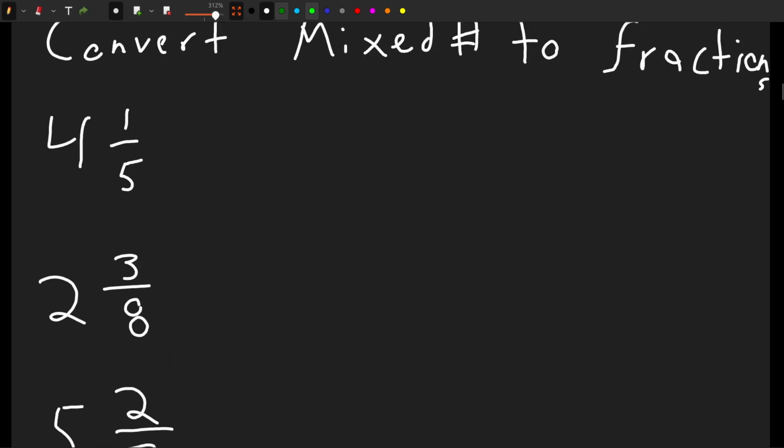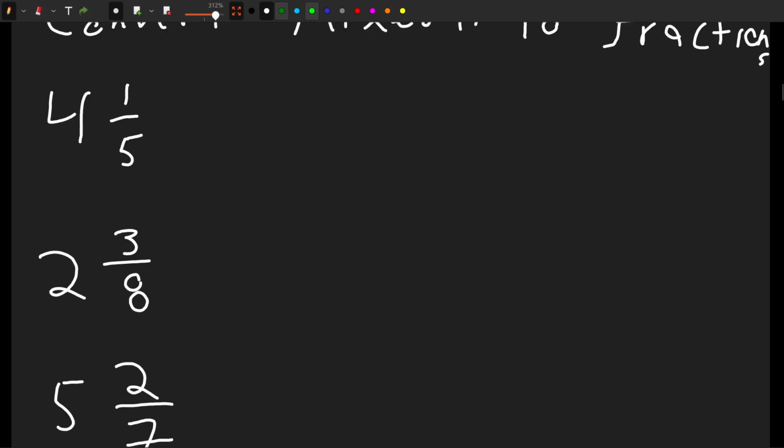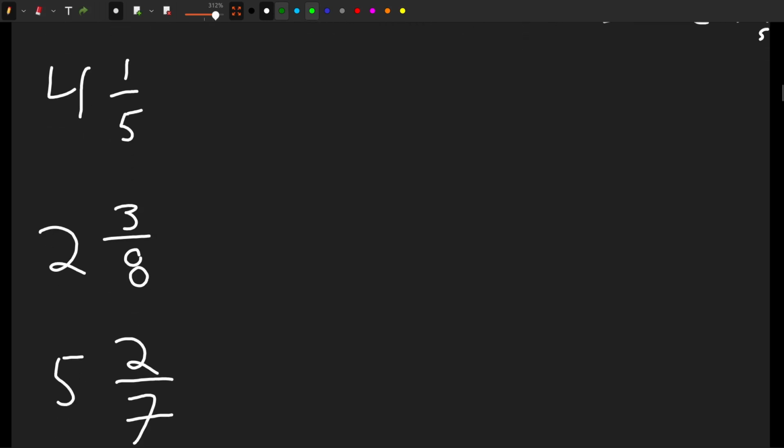I'm going to do 4 1/5. Now, to convert mixed numbers to improper fractions, we need to remember a little trick from our previous video. You want to multiply the denominator and the large whole number, and then whatever you get there, you want to add the numerator back to the number you get, and that'll be your new numerator. So in this case, what is 4 times 5?